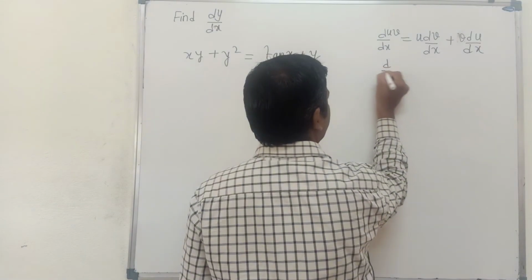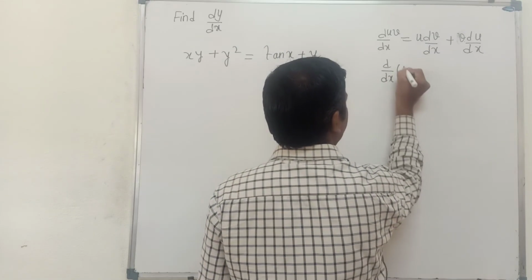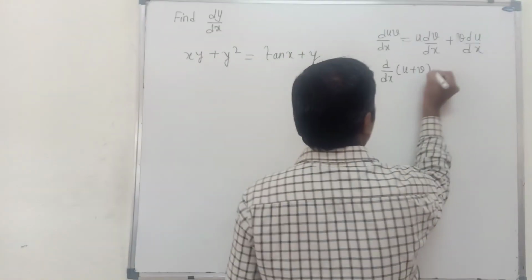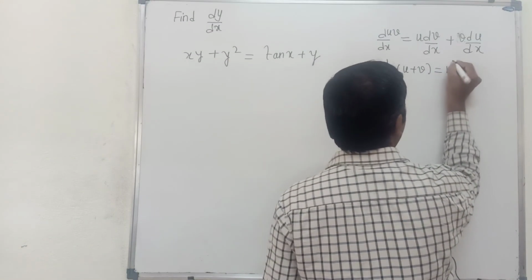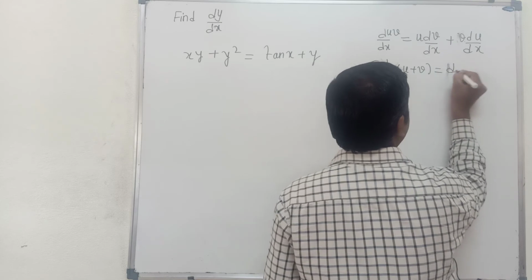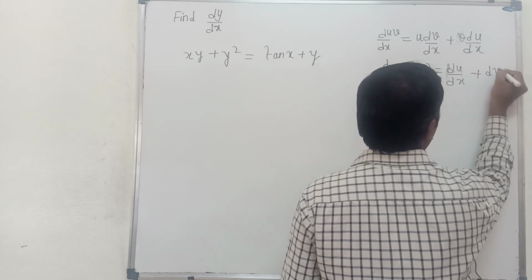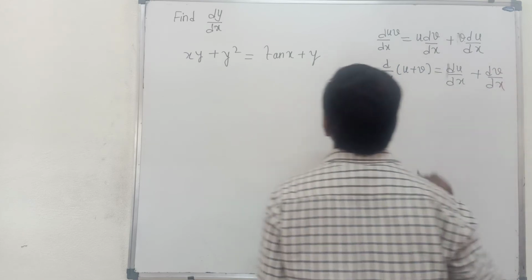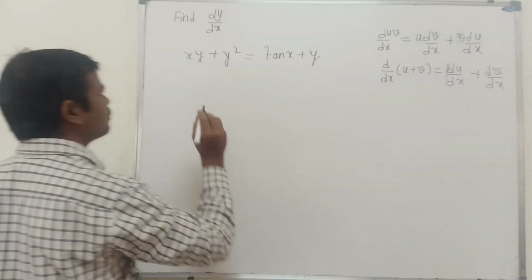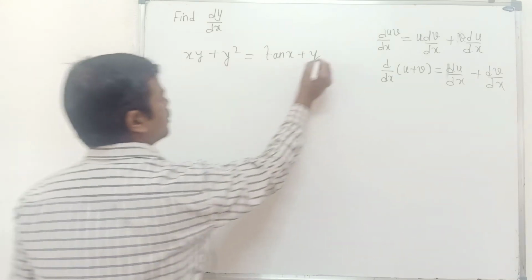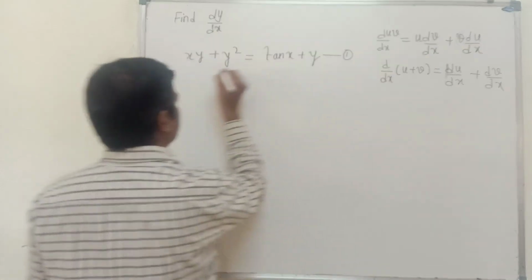Next the sum rule: the derivative of u plus v is du by dx plus dv by dx. These are the rules we are going to apply here. First the sum rule; let me name it as 1.